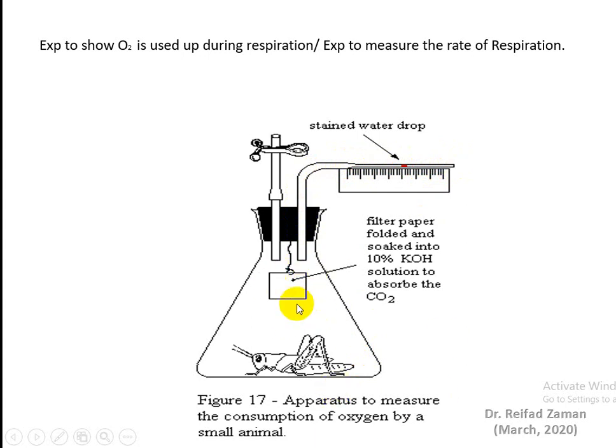There is also some potassium hydroxide. And over here you can see that inside this capillary tube there is a drop of liquid, and below it there is a scale. Now if we set this apparatus up like this and observe for 5 minutes or 10 minutes, you will notice that as the time passes, this liquid starts to move in this direction.